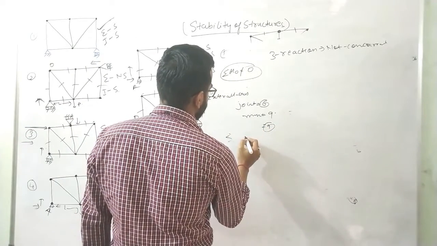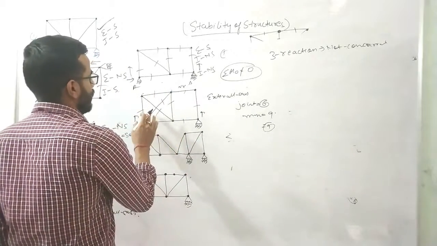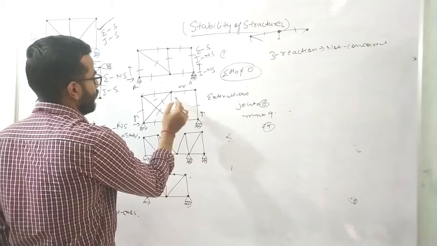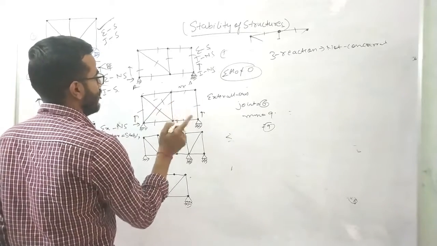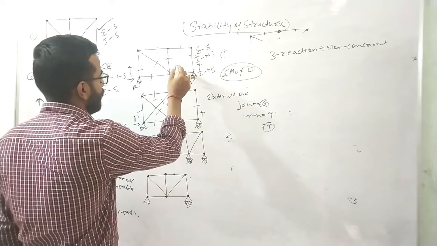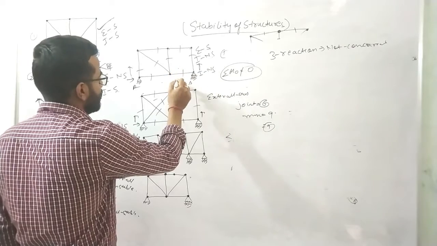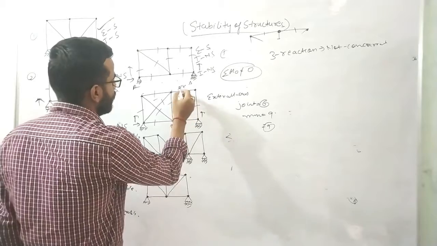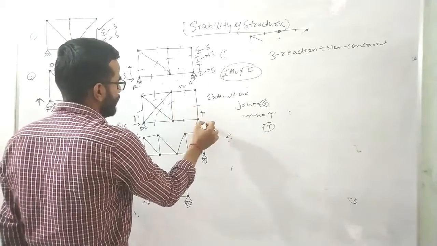As per formula, it should be stable, but it is not, because here the structure is overstiff at this portion, and here we didn't provide any member. Similarly, like the last problem we discussed, how will that reaction B be balanced? Here also there is no inclined member to balance this reaction force.